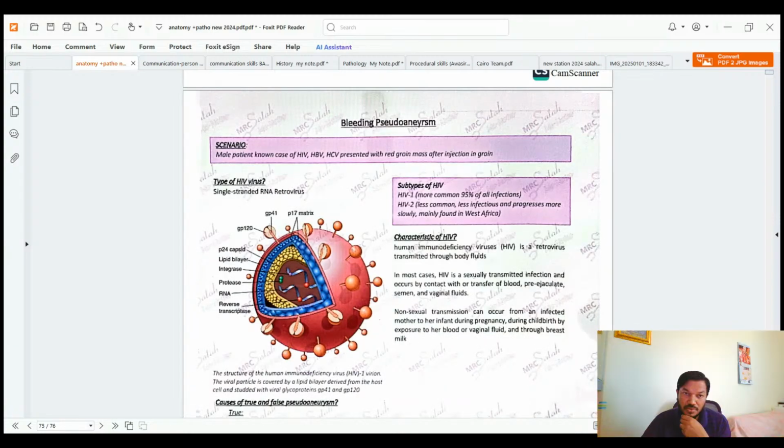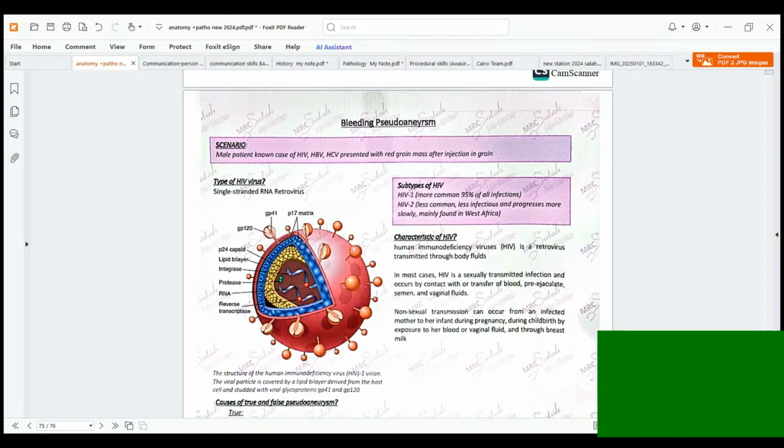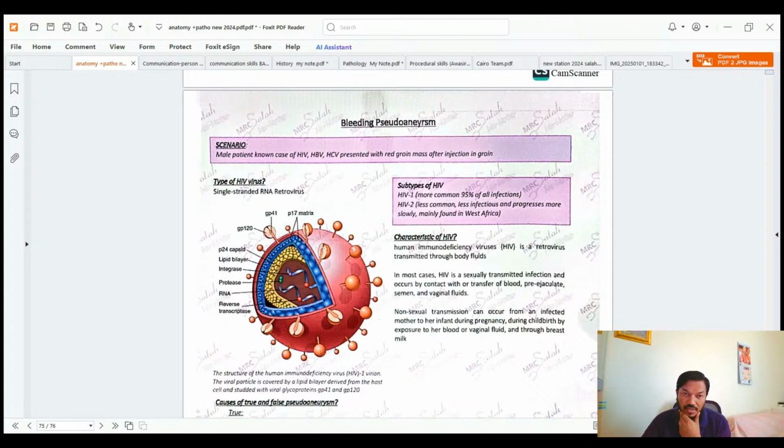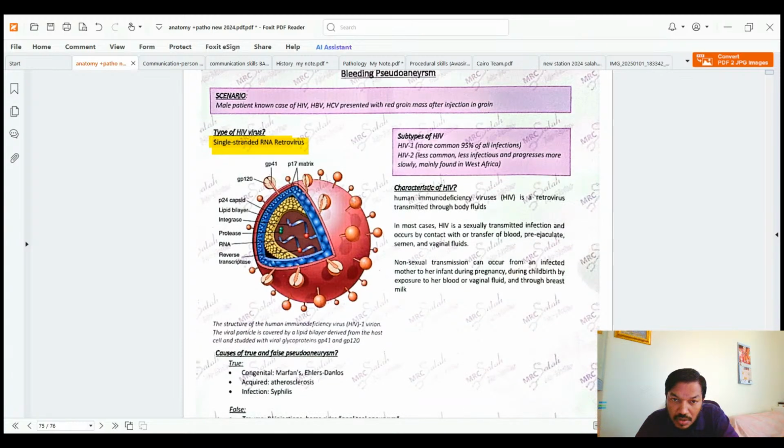Bleeding, okay. HIV is a single-stranded RNA retrovirus. HIV-1 is more common, HIV-2 less common. Human immunodeficiency virus is a retrovirus transmitted through body fluids. In most cases, HIV is sexually transmitted.